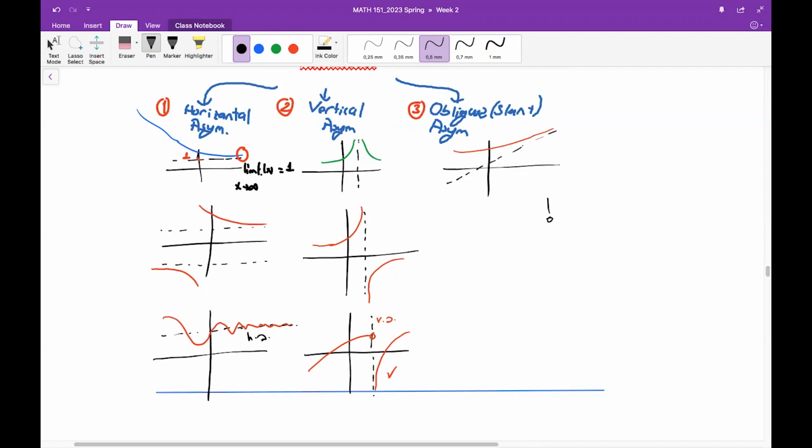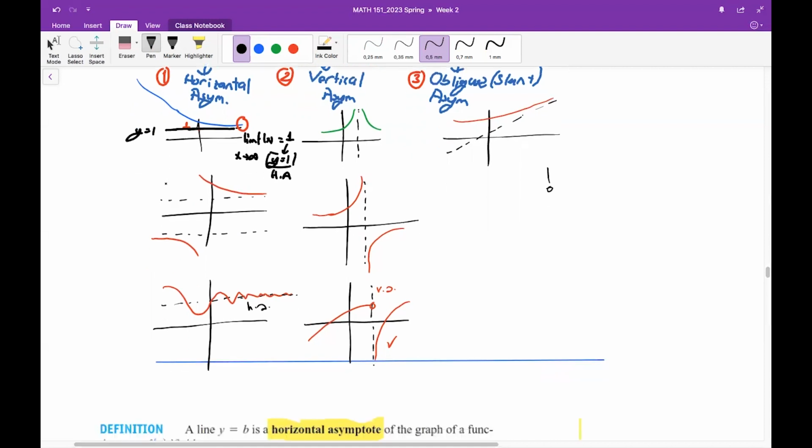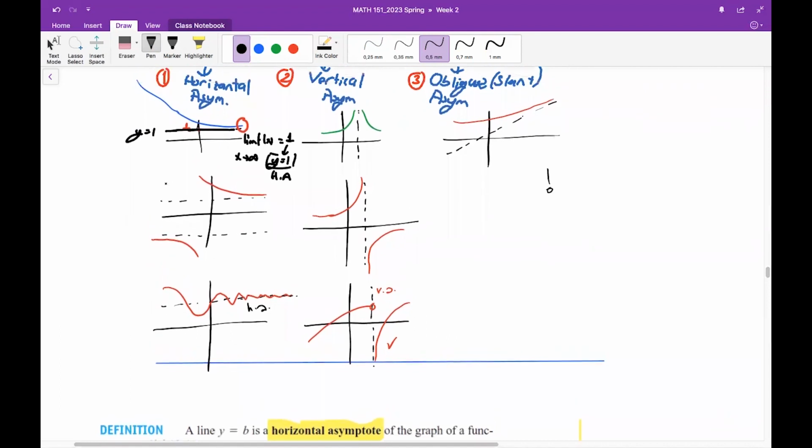If this is the case where the limit as x goes to plus or minus infinity is a finite number, then you call this horizontal line, which is this one, the horizontal asymptote, okay? This is the line y equals 1. I will skip this part a bit quickly because you already watched it in the recorded video. I'm just summarizing it.